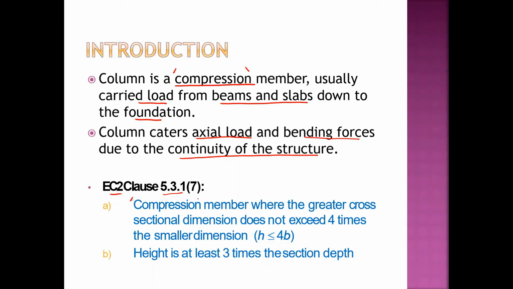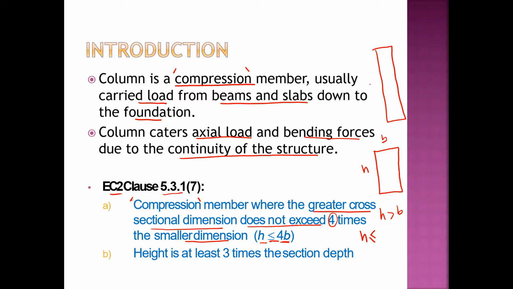The greater cross-sectional dimension does not exceed 4 times the smaller dimension, which means that, let's say we have a rectangular section B and H. Let's say this is the B and this is H, so H must not exceed 4 times of B. If H is greater than that, the definition will form the wall, the shear wall.